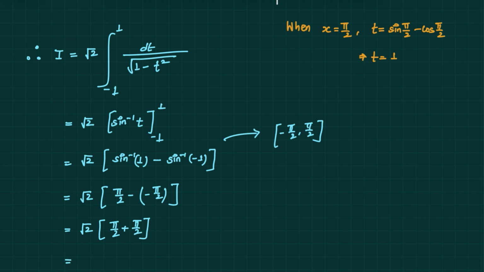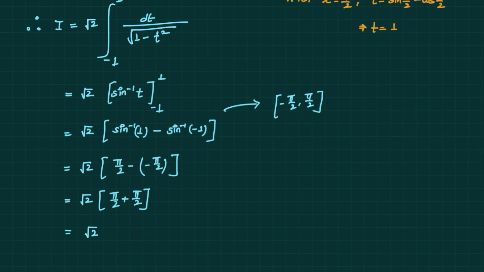So this equals square root of 2 into pi by 2 plus pi by 2 is 2 pi by 2. So 2 and 2 got cancelled. Therefore, the answer for this question is square root of 2 into pi.